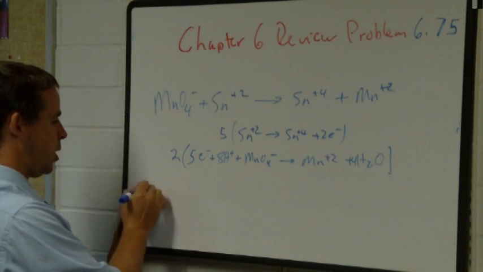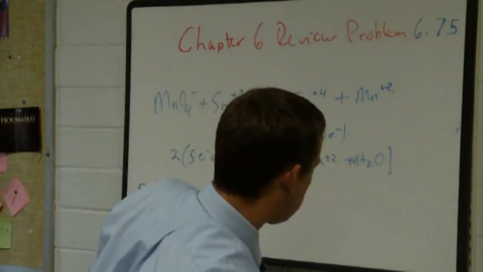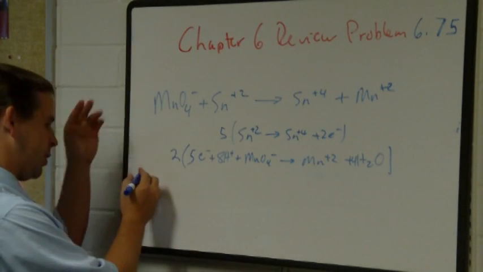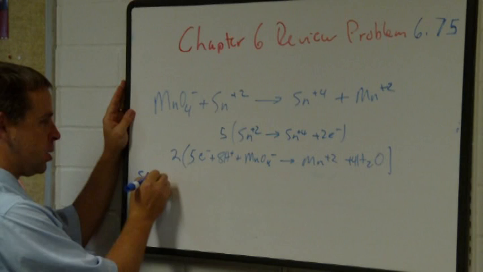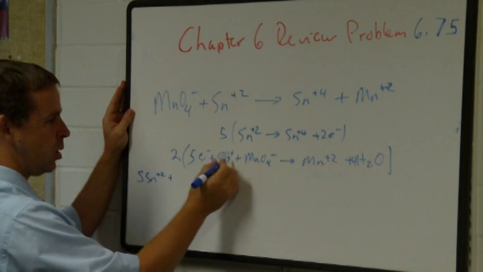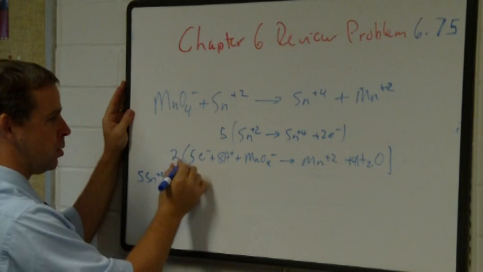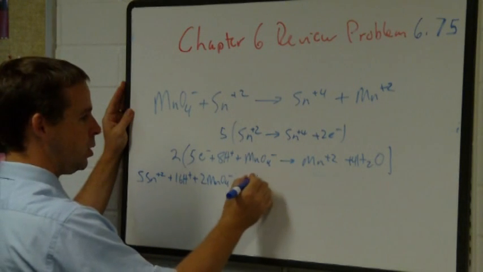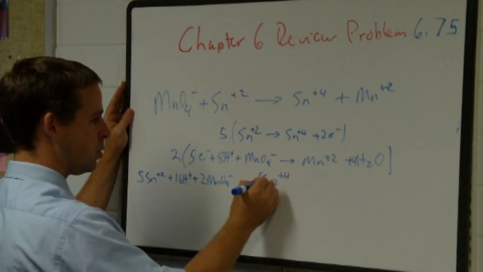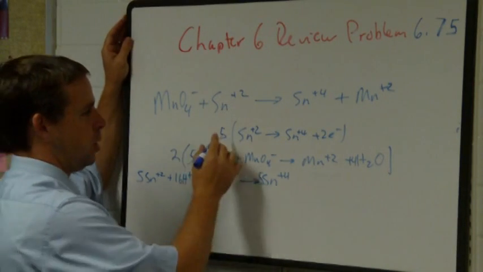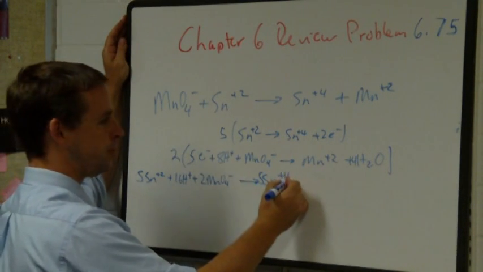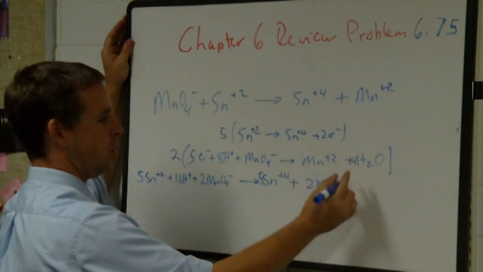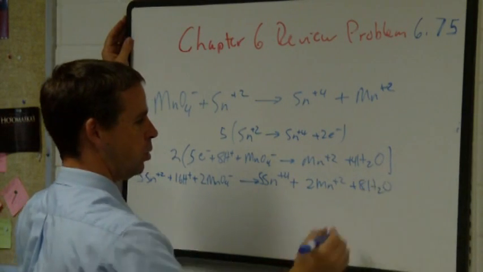That's going to be 5 Sn plus 2s plus 10 electrons, 16 H pluses, plus 2 MnO4 minuses, yielding 5 Sn plus 4s, 10 electrons, 2 Mn plus 2 ions, and 8 H2O molecules.